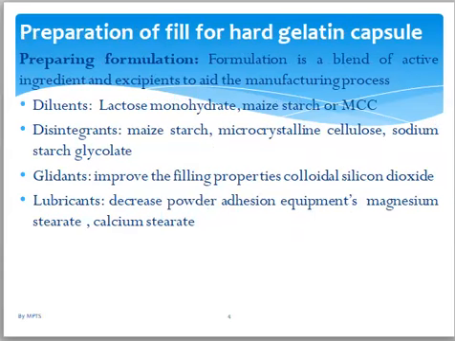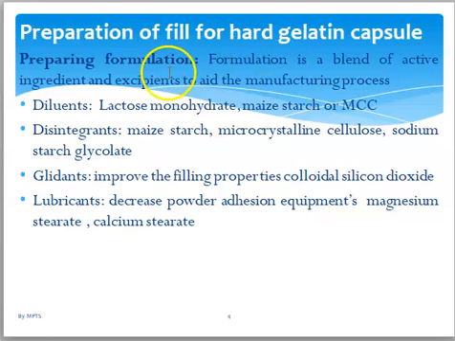How do you prepare the fill? After knowing the shell, we have to prepare the fill. What are the components of the fill? Of course, it has the API and the excipients. Now, the excipients are the same as in tablets, but we don't have binders, because there is no need for binding, as everything will be in the capsule shell.